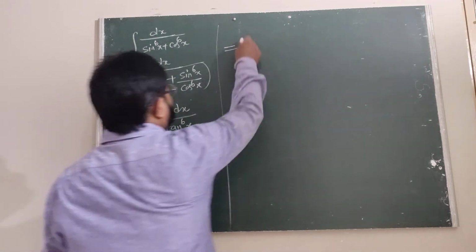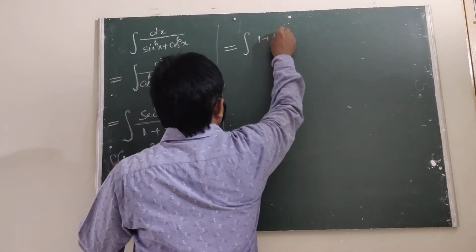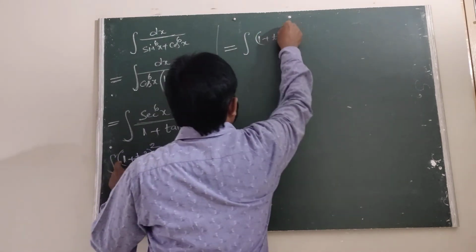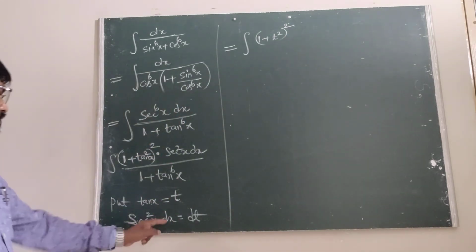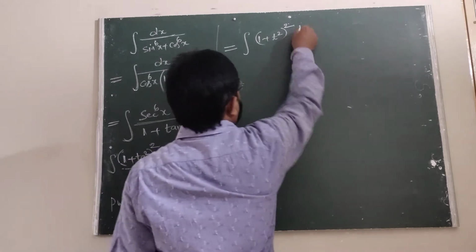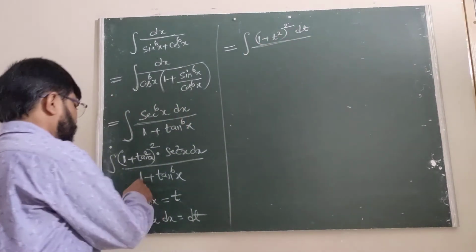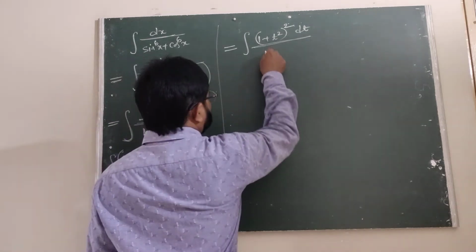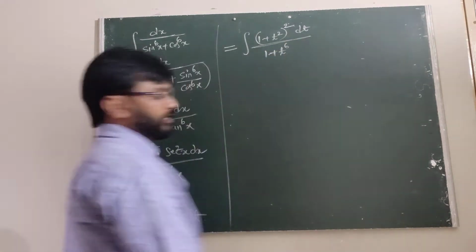Now we can write this as the integral of 1 plus t square whole square, secant square x into dx is dt. Therefore, now we can write this as 1 plus t power 6.